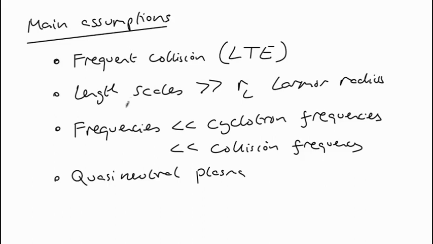If you're looking in the core of the plasma, the collision frequency can become very, very low, and the collision length, the distance between collisions, can become very long. And so in the hot core region of laboratory plasmas, these assumptions can start breaking down.